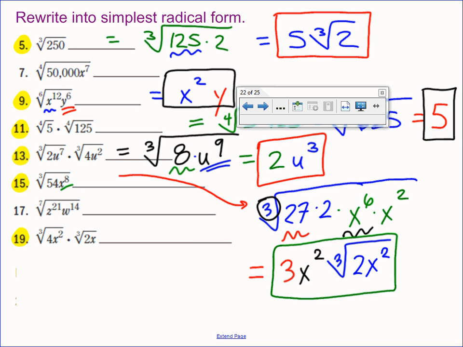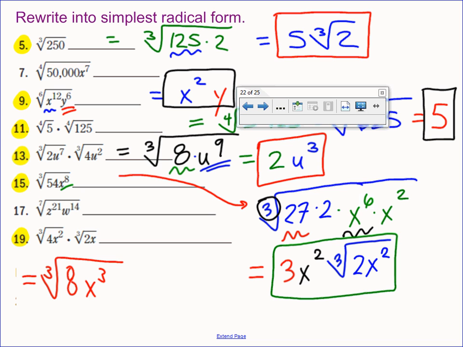All right. So is 4 itself a perfect cube? No. Is 2 a perfect cube? No. Let's apply my product property in reverse. Let's rewrite number 19 as a single radical. Ready? Go. The cube root of 4x squared times the cube root of 2x is a single cube root. 4 times 2 is 8. X squared times x is x to the 3rd.